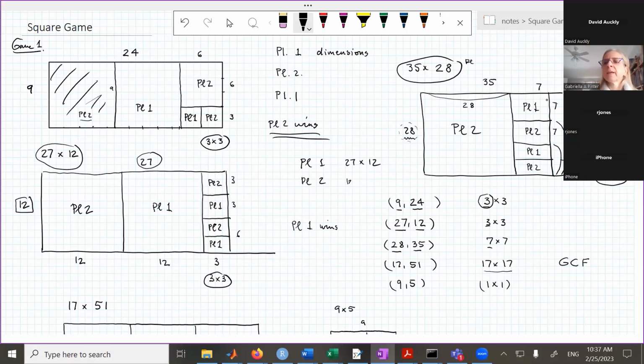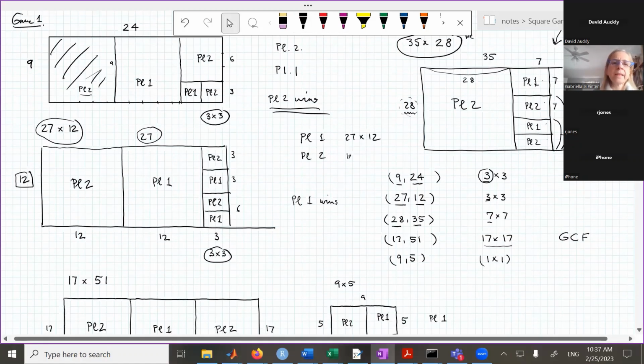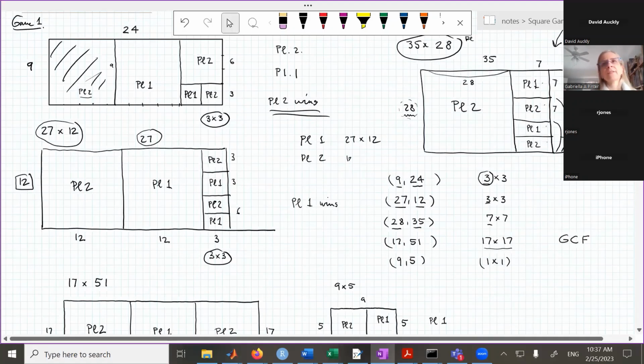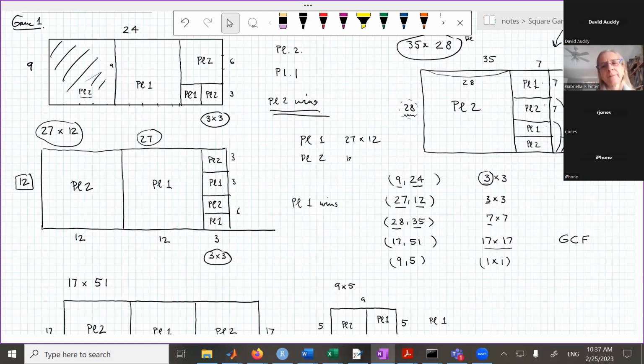In the 35 by 28 game, we had them drawing 7 by 7 several times. So the idea in game 2 is that if you can draw in a certain size square, you draw in all of that size squares that you can.